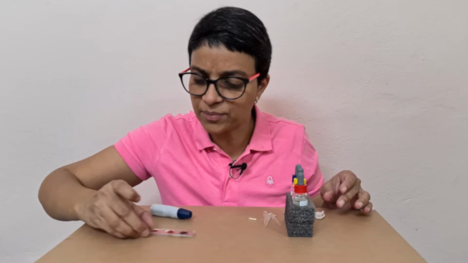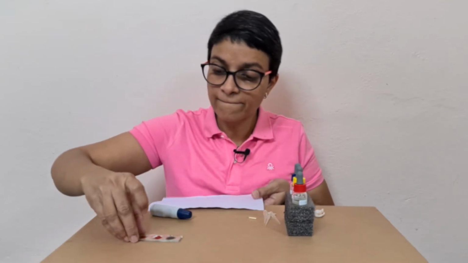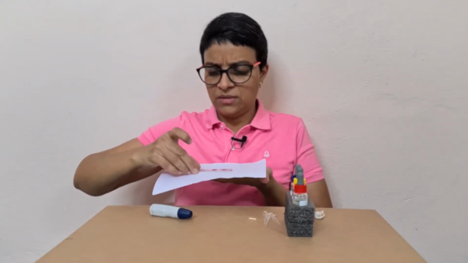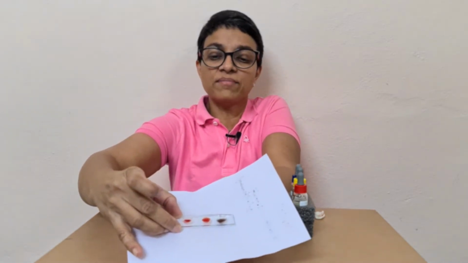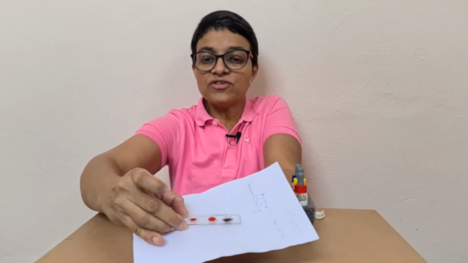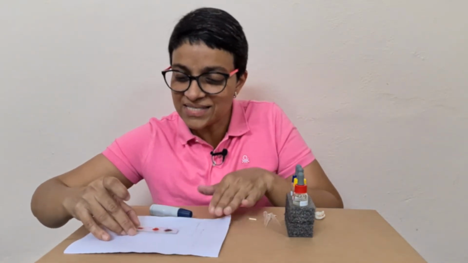I'll take a picture and post it at the end of the video, so you can decide for yourself what blood group I am. But when I'm posting the picture, I'll also tell you which blood group I am. Even the shadow shows clearly the clumping from my end, at least.